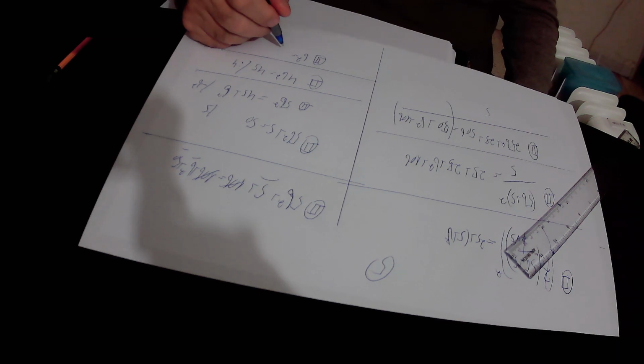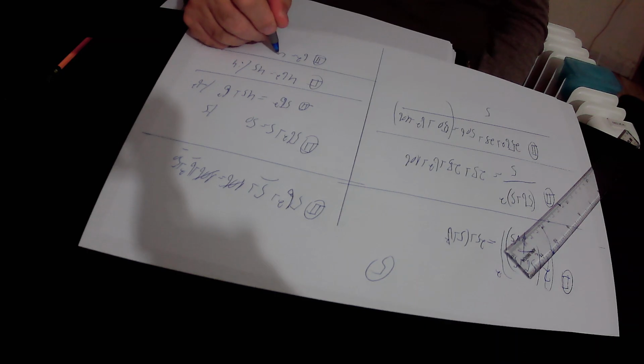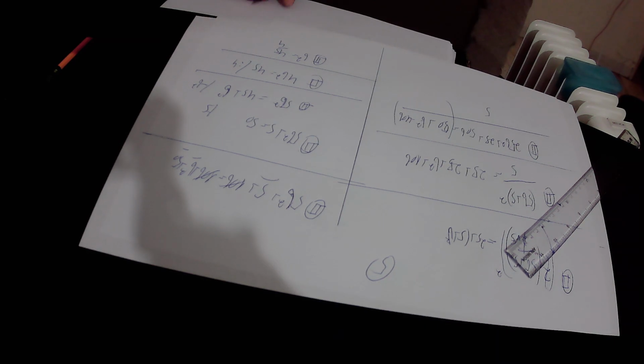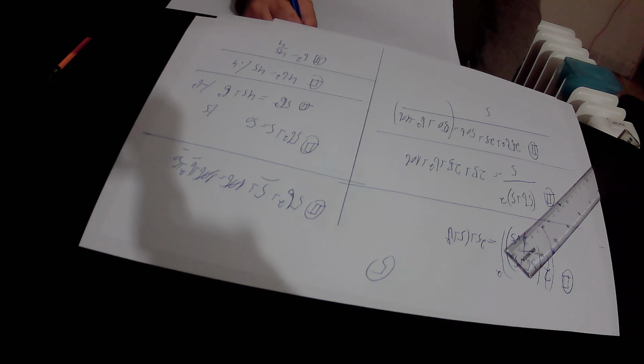equals 45 over 4. Here we will substitute 45 by 9 times 5, and we get that b squared equals 9 times 5 over 4.